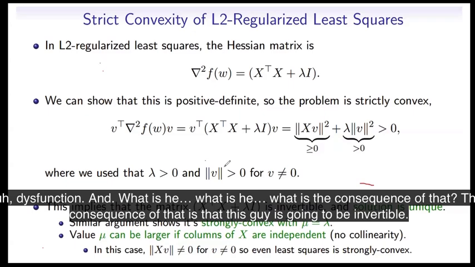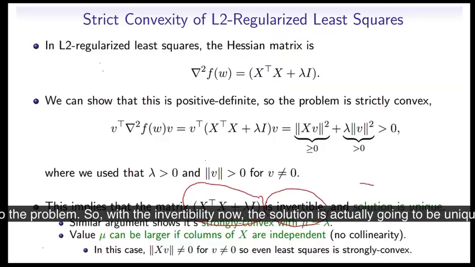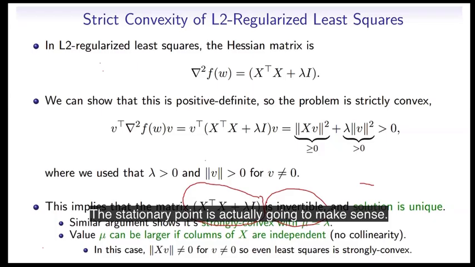The consequence is that this guy is going to be invertible. Because if it is not invertible, we're not going to have a solution to the problem. So with the invertibility, the solution is going to be unique. The stationary point is going to make sense. And that's exactly what we mean.